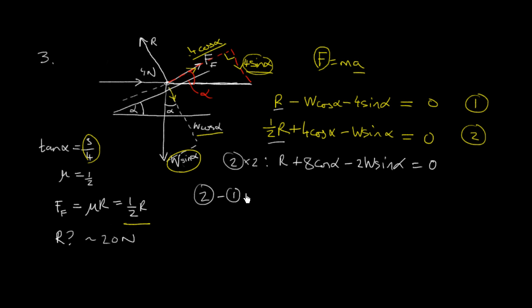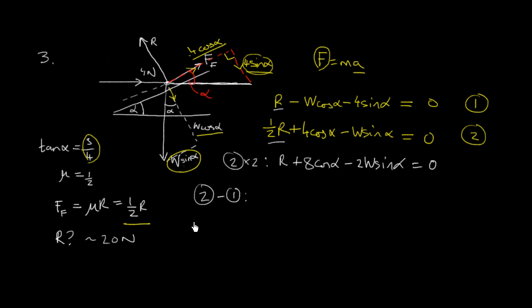2 minus 1. We have 4 cos alpha minus W cos alpha, so that's minus minus is a plus, W cos alpha. I'll do it all in one line so it gets a bit less confusing.